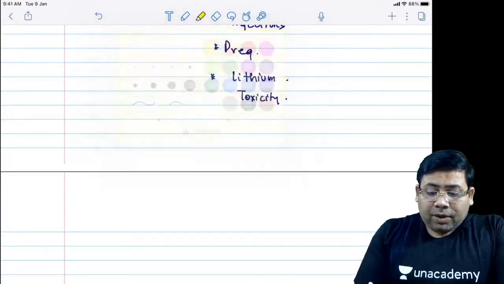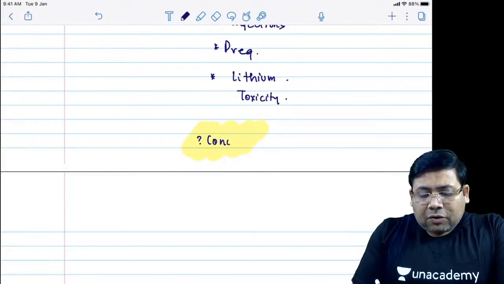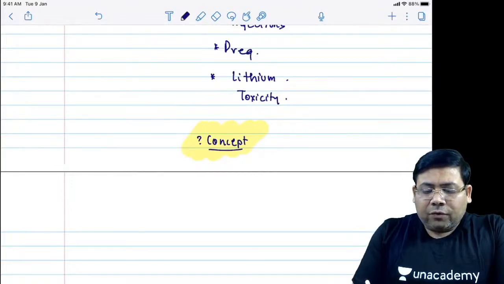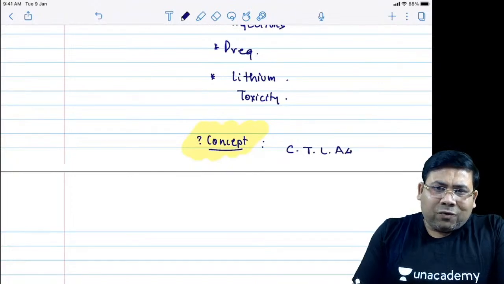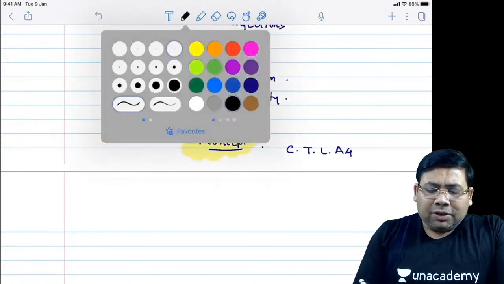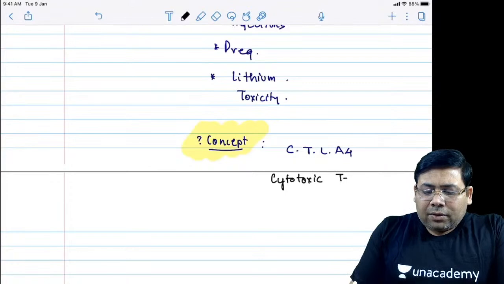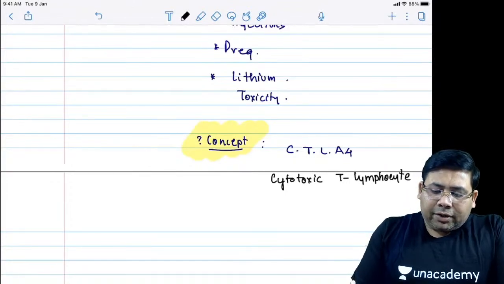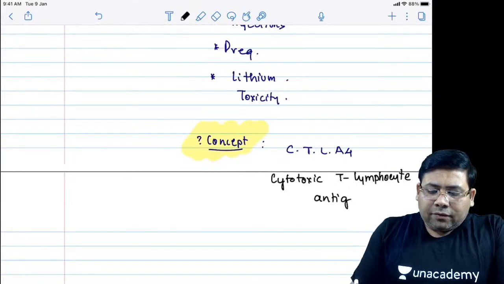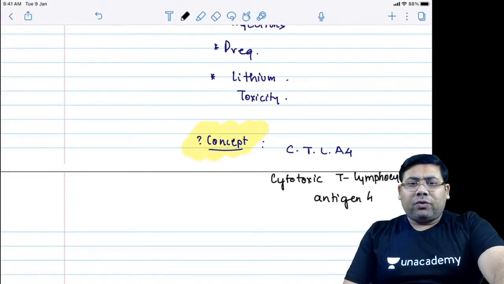What is the concept? The concept is CTLA4. What is CTLA4, students? I'm not able to recall this. Can anyone help me with this? Cytotoxic T lymphocyte antigen 4.